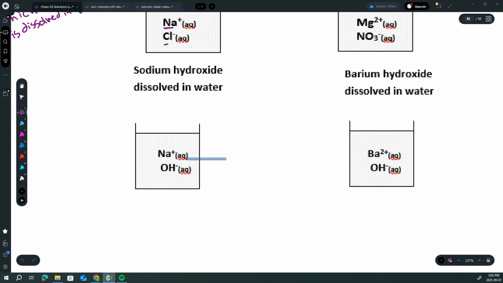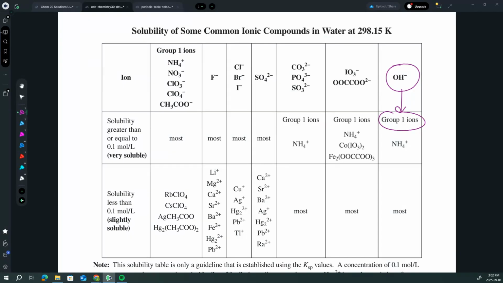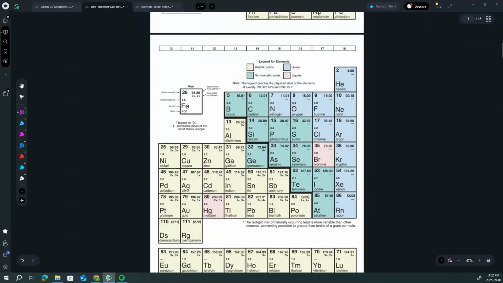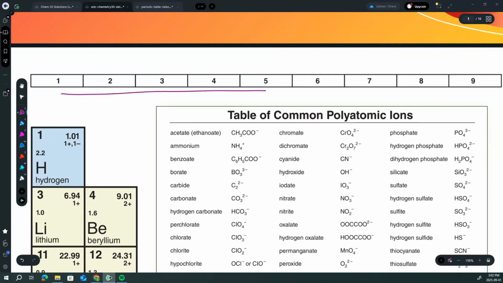Okay, so sodium hydroxide, that is soluble in water. Where we're finding that is we look for hydroxide, which is right here, and it says group 1 ions. Group 1 ions just means, if we go to our periodic table, these numbers across the top are the group numbers. So group 1 is right here.